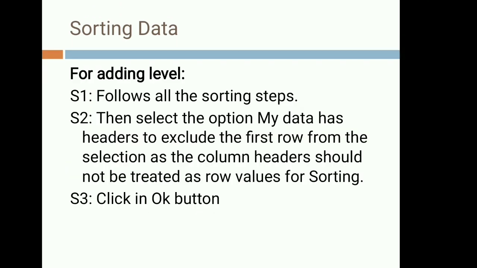Then select the option My data has headers to exclude the first row from the selection, as the column header should not be treated as a row value for sorting. Then click on the OK button. Then the added level will be displayed in your sorting.